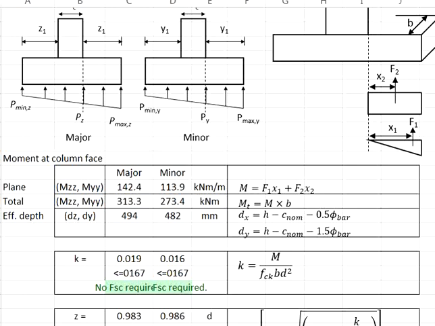As for the effective depth in the minor axis, you use the thickness of the pad footing minus the concrete cover minus the bar size of the main reinforcement and minus half of the bar size of the secondary reinforcement.